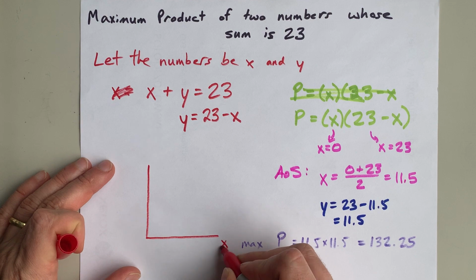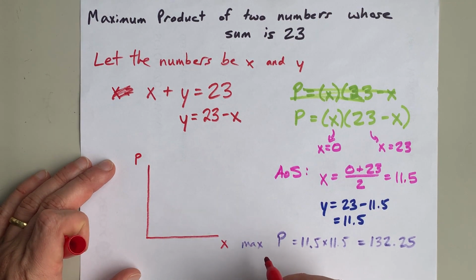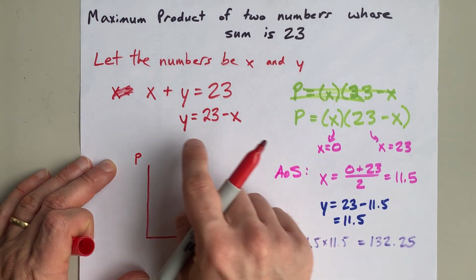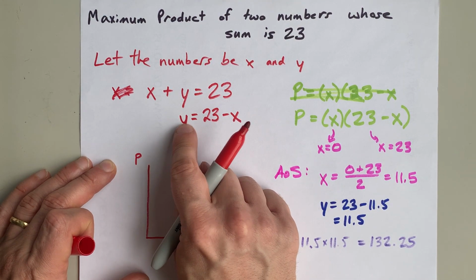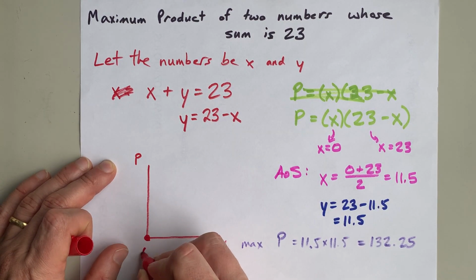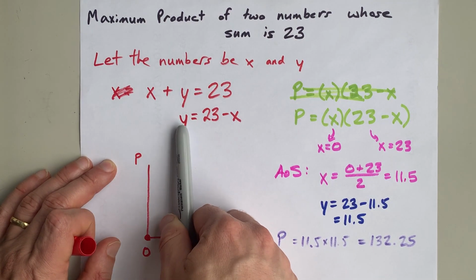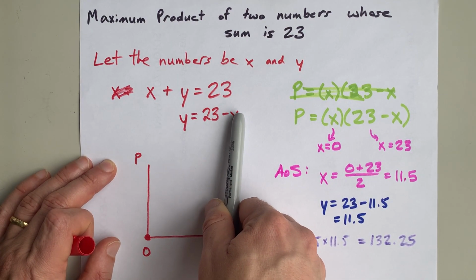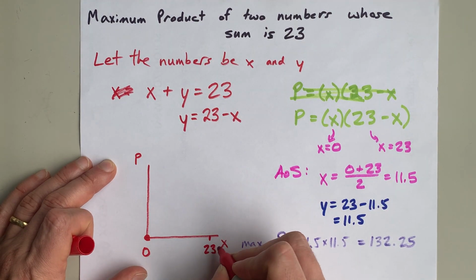Let me demonstrate again. If I have the x value that I've chosen on this axis and the product on this axis, when I choose x to be 0, then y is 23, but 0 times 23 is 0. And if I chose x to be 23, then my y is 23 minus 23, which is 0, and the product is still 0.